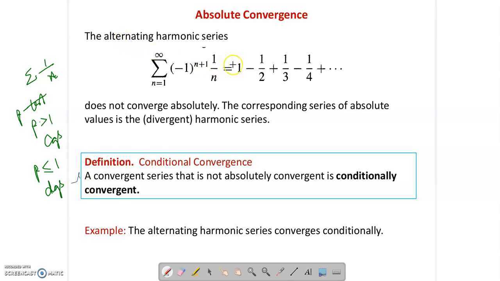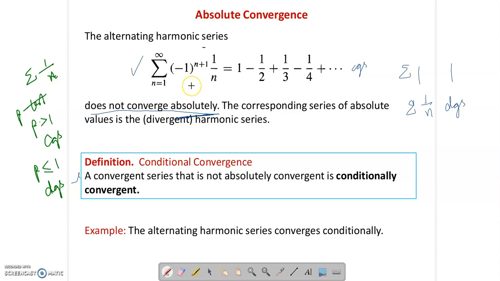So this alternating harmonic series converges, but the corresponding series of absolute values turns out to be 1 by n and it diverges. So the alternating harmonic series does not converge absolutely.